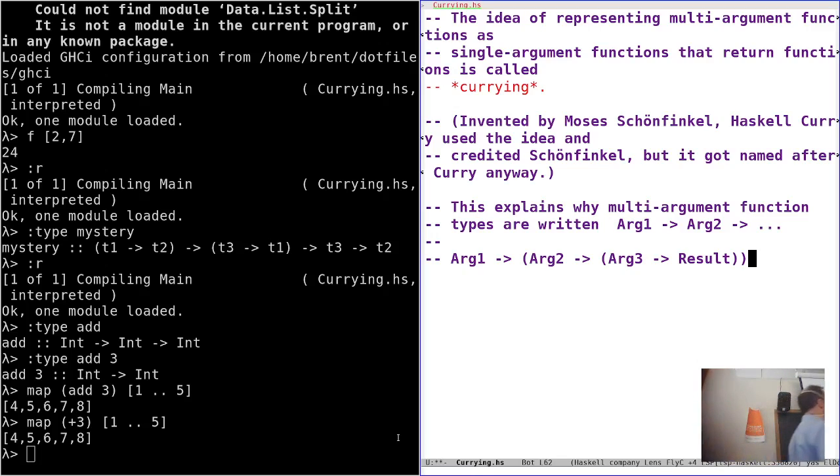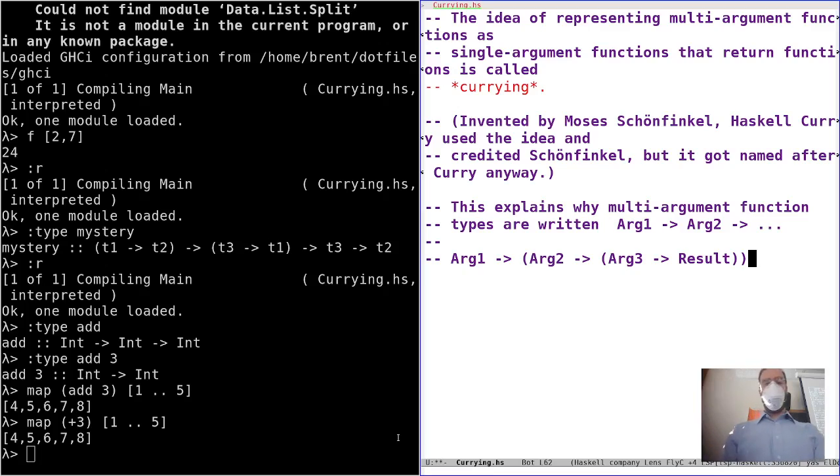When you see a function type like this with multiple arrows, it really means this. So function arrows associate to the right. That is, if you see a bunch of arrows in a chain with no parentheses, it really means keep adding parentheses in the rightmost place.